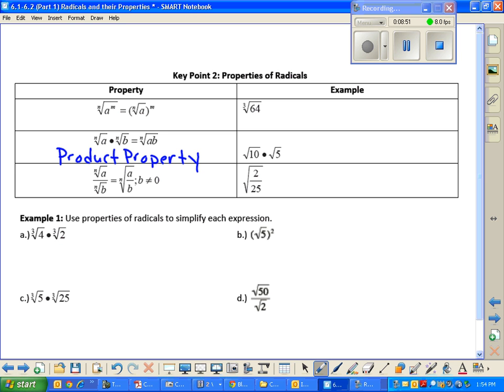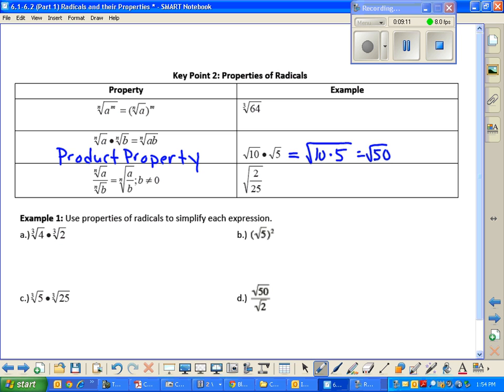For instance, we have the square root of 10 times the square root of 5. I know that you know that that is the same as the square root of 10 times 5, or the square root of 50. I also know that you know square root of 50 is not a legit answer. That is not in simplified radical form.